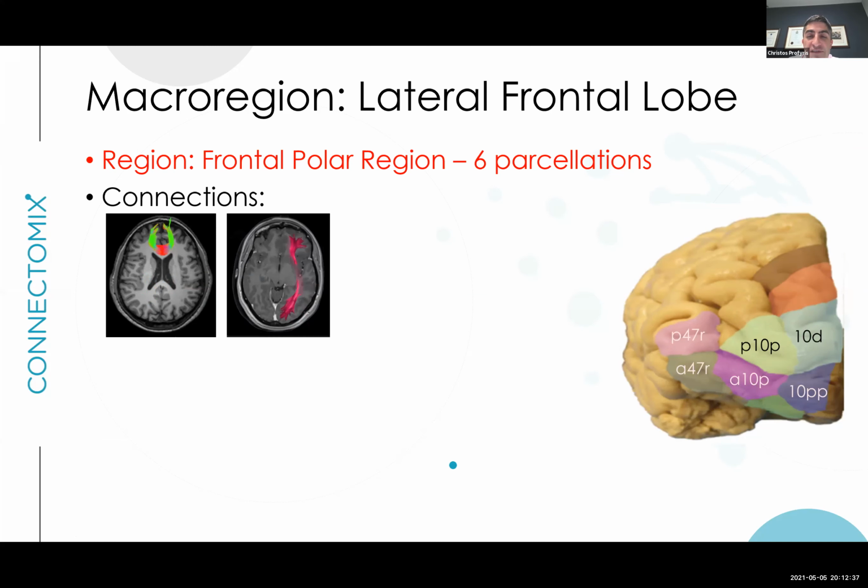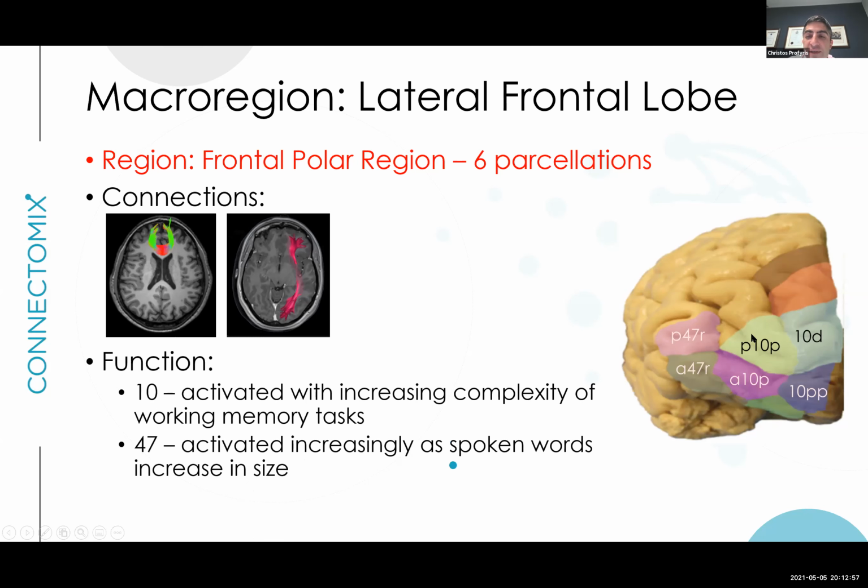The connection for these parcellations is the forceps minor, and that makes sense. If they're situated in the frontal pole, the forceps minor is going to connect them bilaterally. But interestingly, they also connect to the visual cortex through the IFOF, the inferior frontooccipital fasciculus that we discussed last week. Ultimately, the 10 areas are activated when there's increased complexity of working memory tasks.